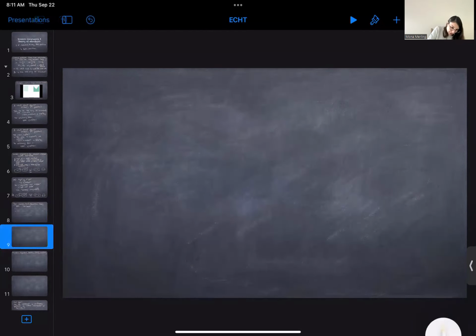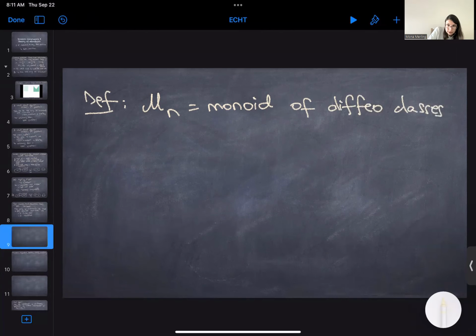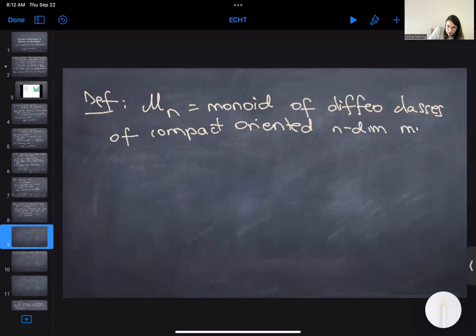And the approach, which is also the approach for polyhedra, is that you can approach it algebraically and define a group. For manifolds, the way we do it is we start with a monoid of diffeomorphism classes of compact, oriented, n-dimensional manifolds, with the direct sum as the operation.